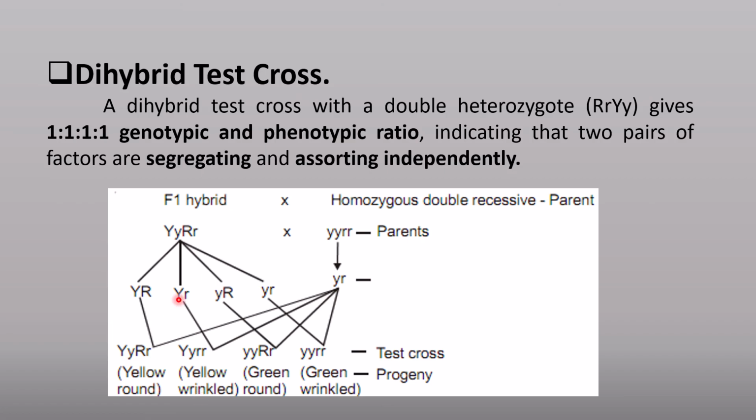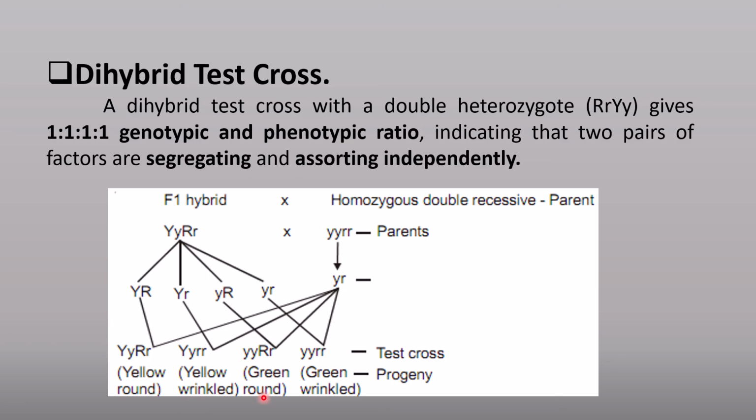Why yellow and wrinkled here? One Y is capital and one allele is recessive. So the dominant character is expressed here, that is yellow color, and the shape of the seed is wrinkled here, because both of the alleles that are responsible for the shape of the seeds are recessive. So the recessive character is being expressed here, that is wrinkled.